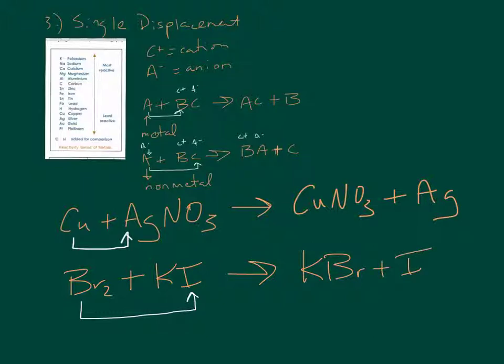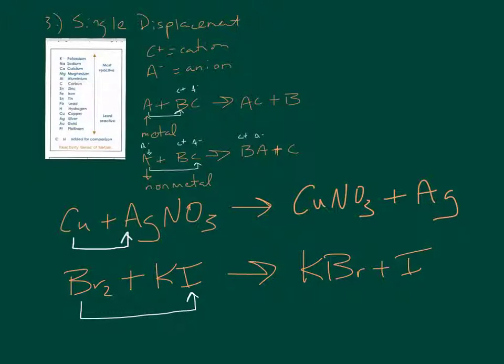So again, because bromine is a nonmetal, that means it's going to replace the nonmetal in the compound on the reactant side. So you get a new compound where bromine and potassium are bonded together and iodine is by itself. Now, are we done with this?